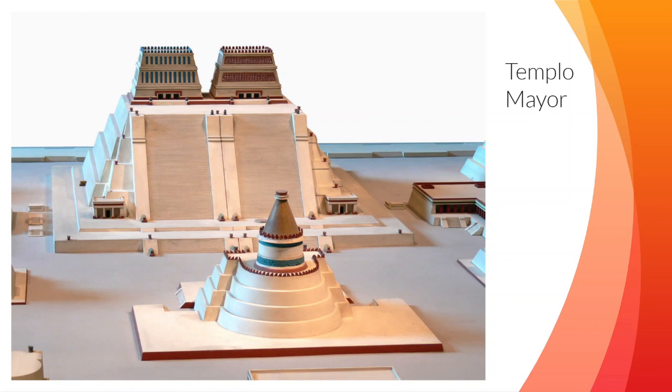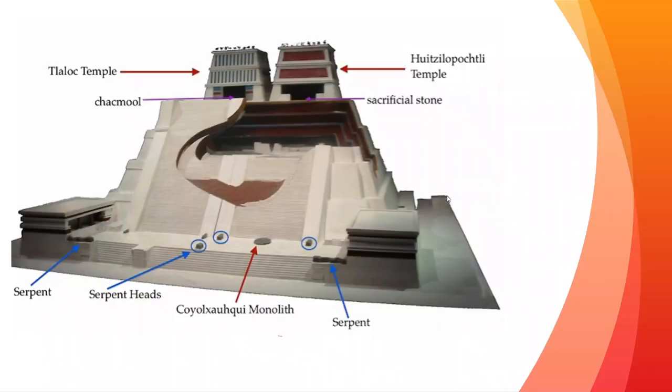So grand staircases. These staircases are insane. And then they put their most important temples to 2 of their most important gods right at the top. There is a lot going on with Templo Mayor that we are going to get into. But just to kind of place everything, there are 2 gods that we are looking at, Tlaloc and Huitzilopochtli.